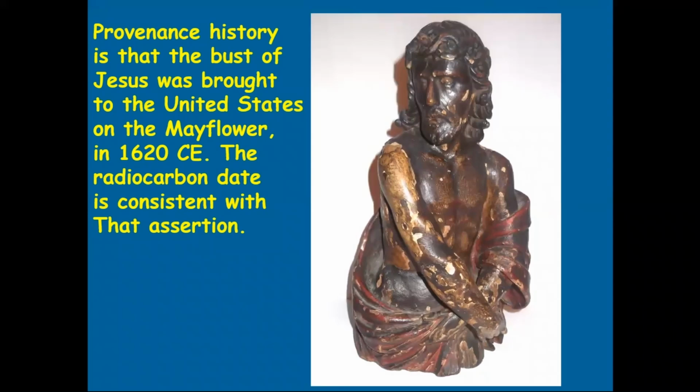And sure enough, the date said it was made in 1620 or a few years earlier, which would have been compatible with the assertion that it came over on the Mayflower. Doesn't prove it came over on the Mayflower, but the date would allow it to have been brought over on the Mayflower, so it's at least feasible.